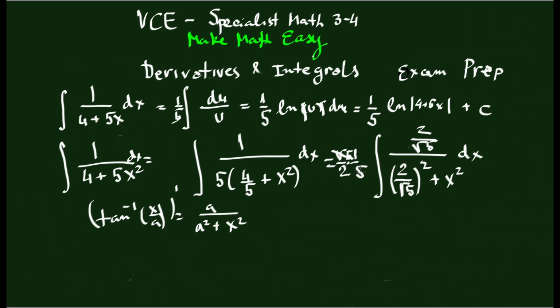Then you can cross that, and here becomes square root of 5.